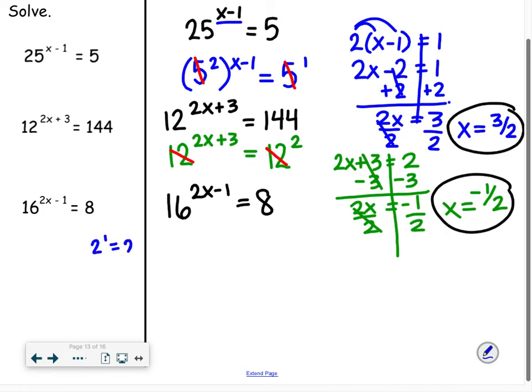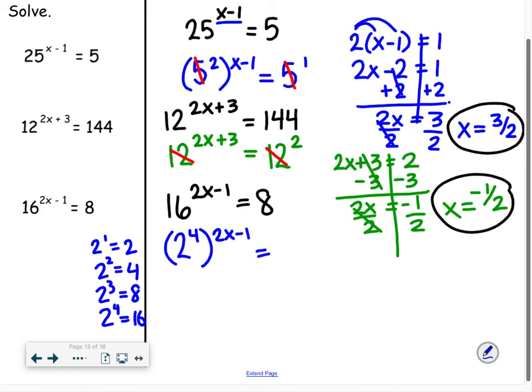So 2 to the first is 2, 2 to the second is 4, 2 to the third is 8, 2 to the fourth is 16. So 16 is 2 to the fourth power. And then you've got your exponent, 2x minus 1. 8 is 2 to the third power. Cancel out your common base.